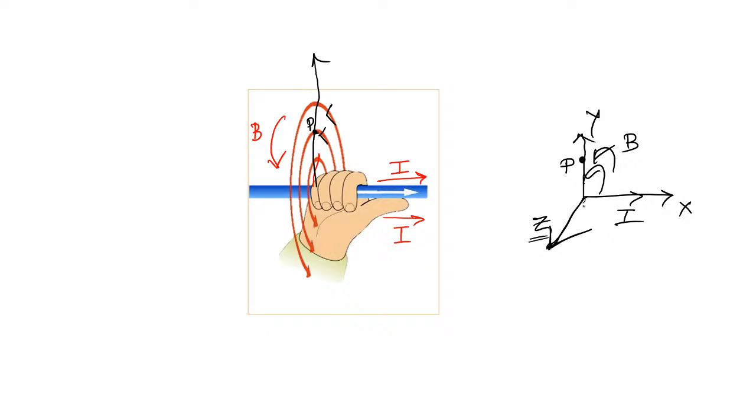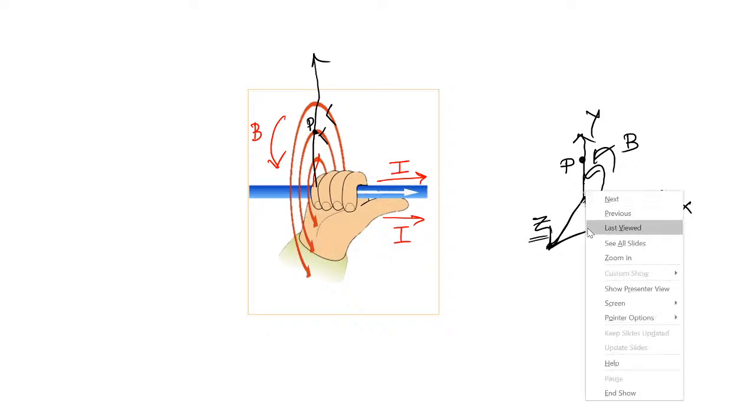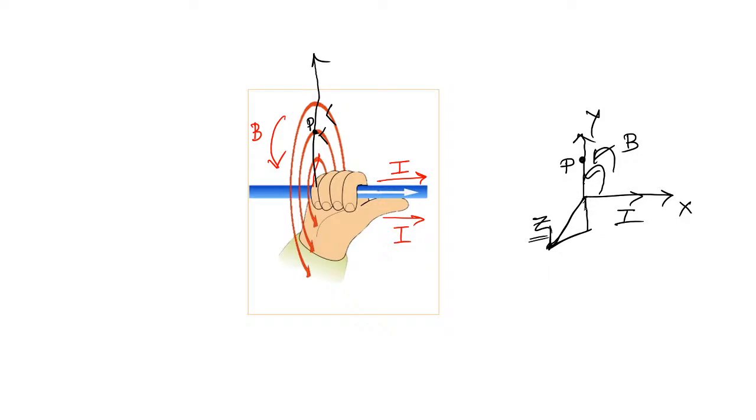And if you were asked to find the direction of magnetic field at any point, suppose it is a point Q, here on the negative y-axis, then it would be in this way, that is along negative z-axis.